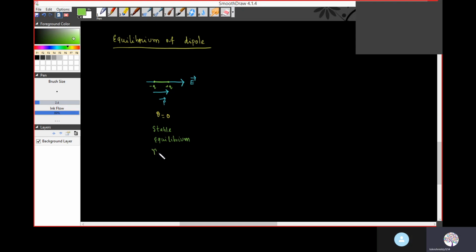Here, the torque will be equal to 0, because torque is equal to PE sine theta. P and E, the angle between them is 0. PE sine 0 is 0, so torque is equal to 0. In the same way, if you calculate work done, the work done is equal to 0.